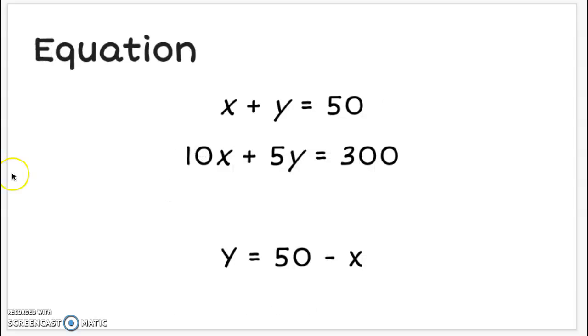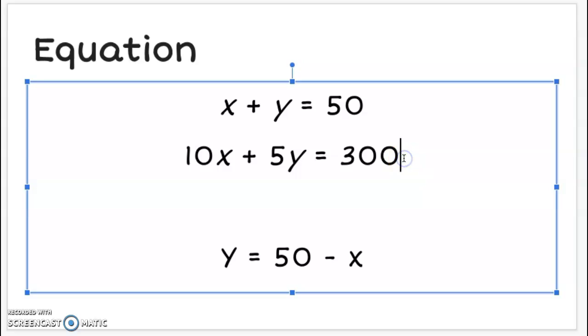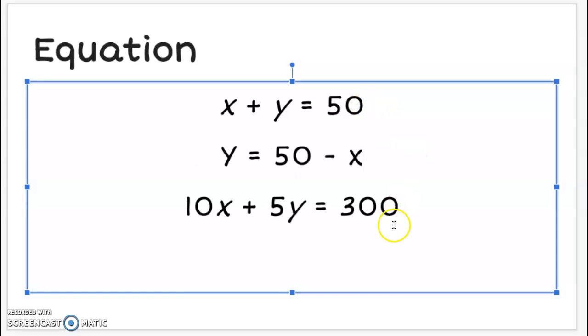Okay. So 10x plus 5y equals 300. We would have to do some subtracting here again and dividing. So I'm going to have 5y equals 300 minus 10x.